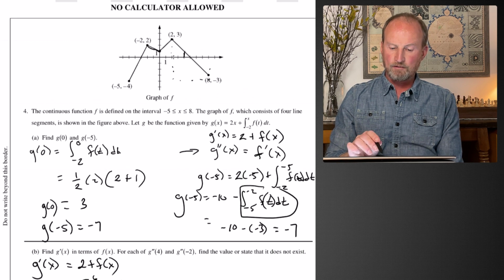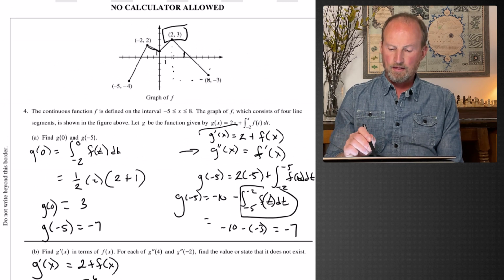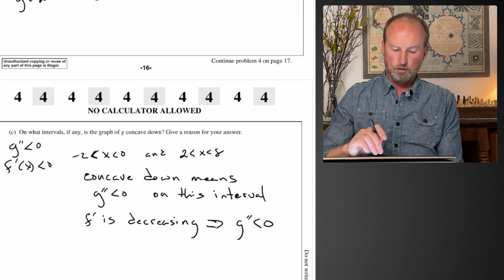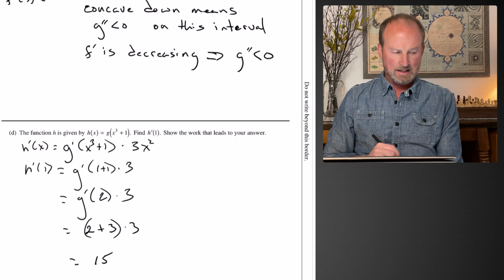And up here, f of 2 is 3. There's my definition for g prime. It's 2 plus f of 2. So g prime of 2 equals 2 plus f of 2, which we said was 3, times 3, which is 5 times 3, which is 15.